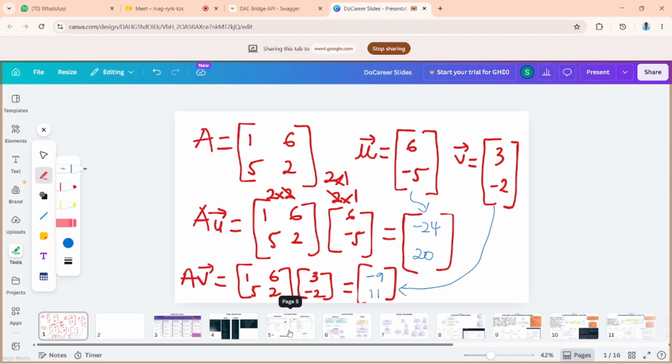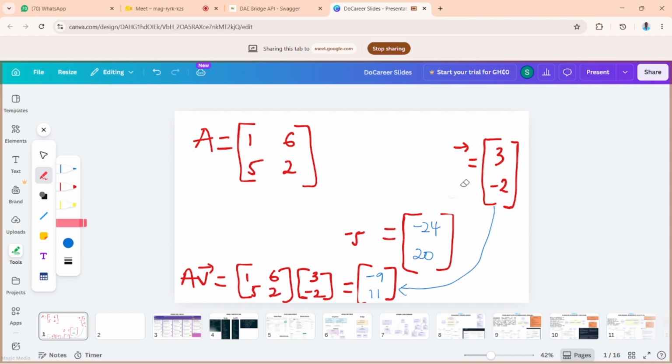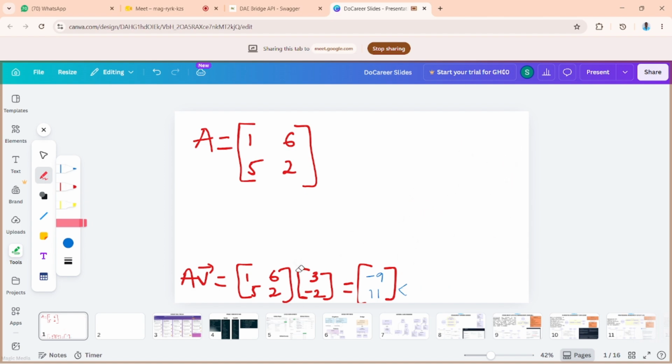So we are going to use the same matrix, and the number they give us here is 7. We have done the case where they give us the vectors and we confirm it, but now they give us the eigenvalue and we need to confirm it.